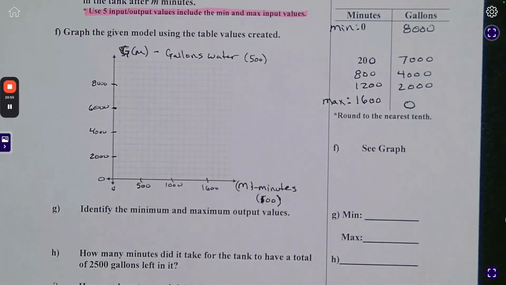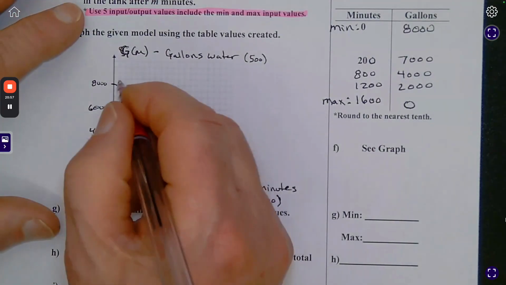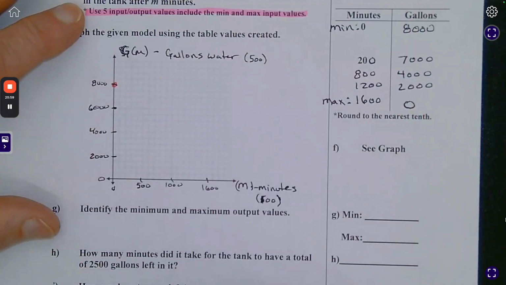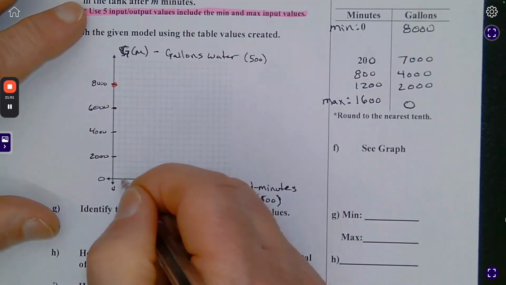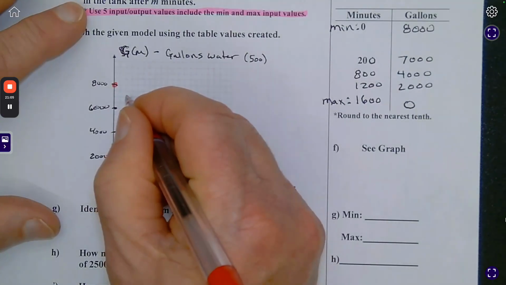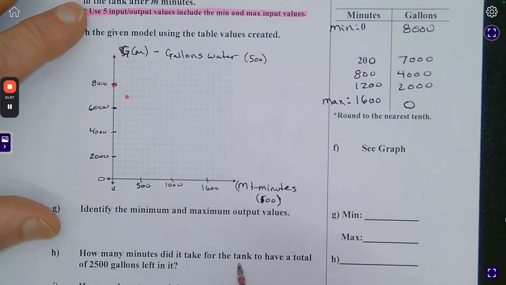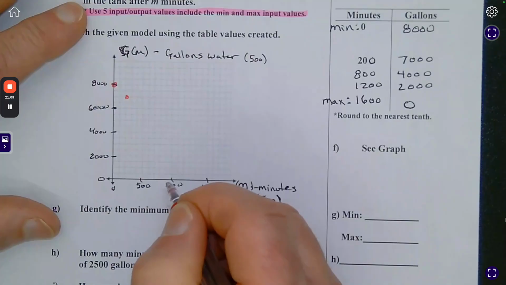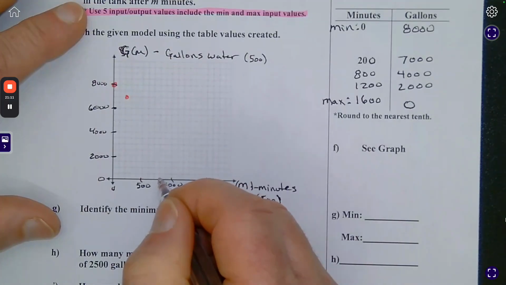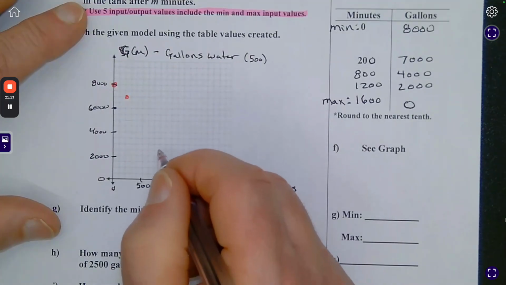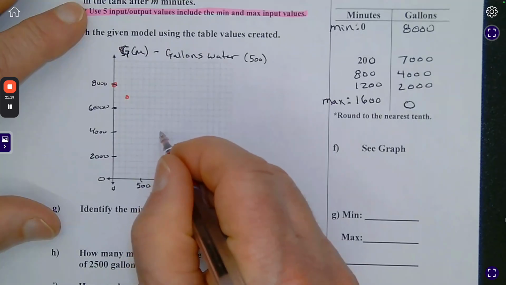Now I'm going to graph it. So I'm going to plot points 0, 8,000 right there. 200 is right here. 7,000 right there. Okay. Now I'm going to do 800, which is right here, and 4,000 right about there.